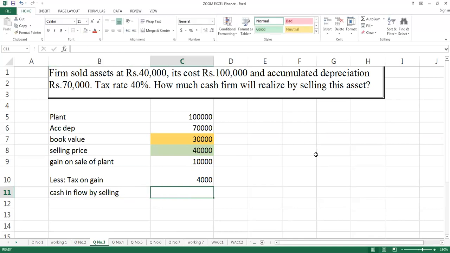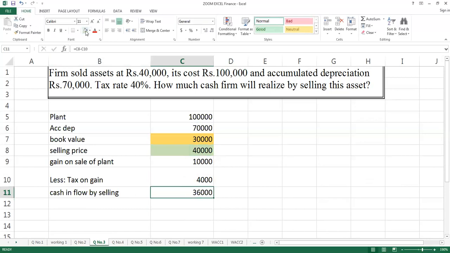Think. Your answer might be 40,000. Your answer might be 30,000. But the correct answer is you are selling for 40,000 and you paid tax of 4,000. So you take this minus tax. Your cash inflow by selling is 36,000.